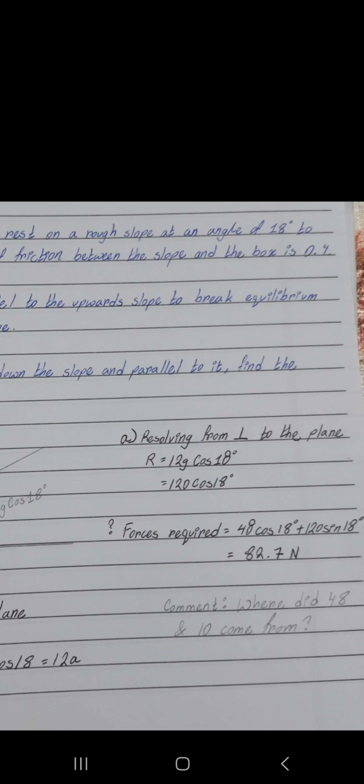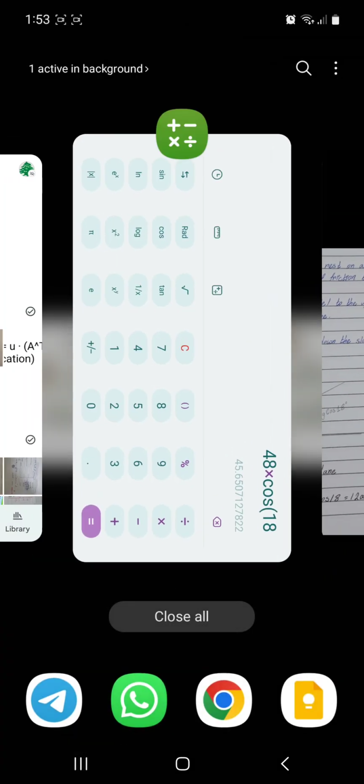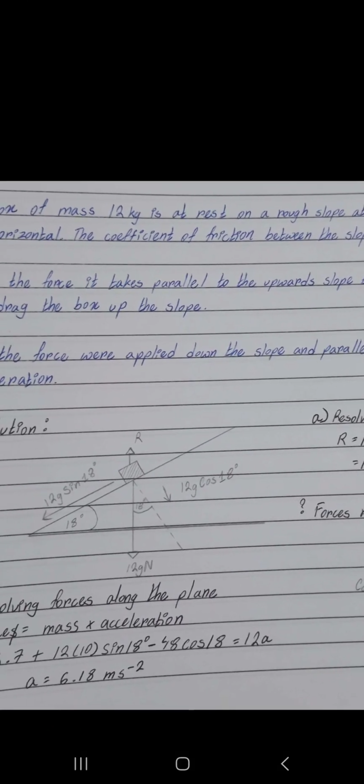But I would be comfortable if the answer was 45. No, I would be comfortable with that. No, I am comfortable with that. Sorry, I am comfortable with that.